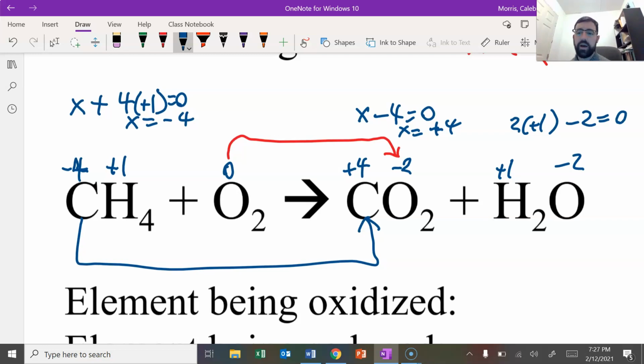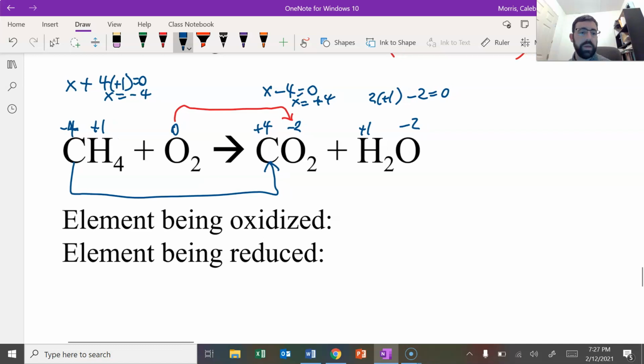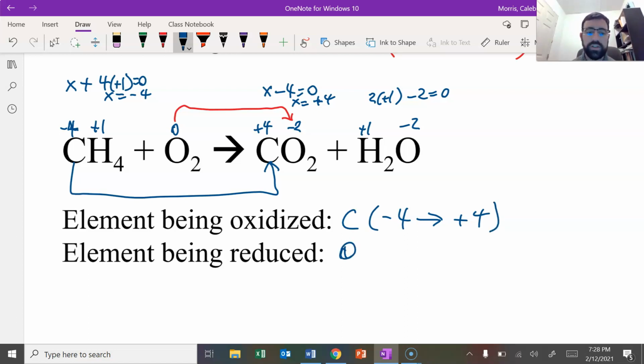So that checks out. So the only things that are changing oxidation number are carbon and oxygen. Carbon was oxidized because it went from -4 to +4. And then oxygen was reduced. It went from 0 to -2.